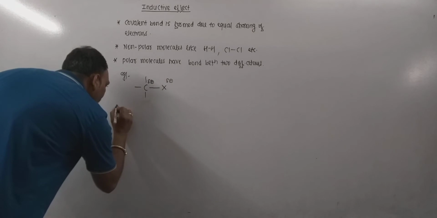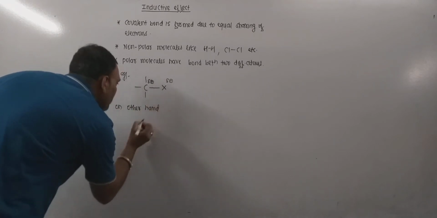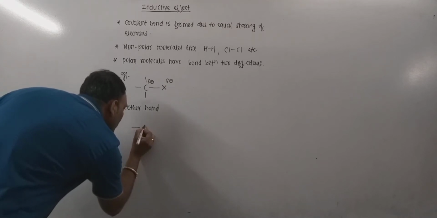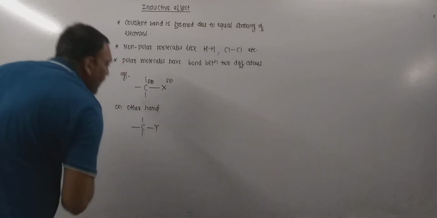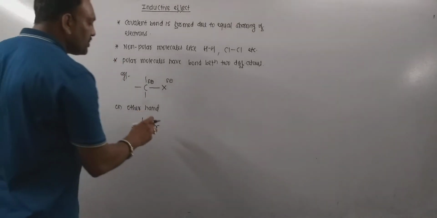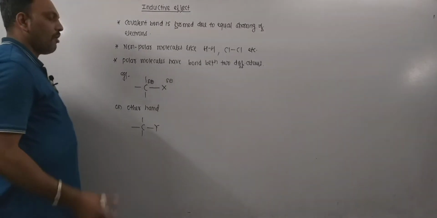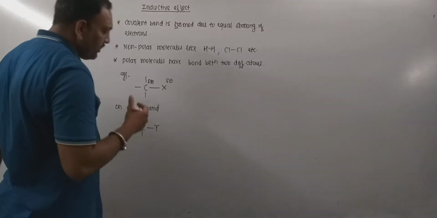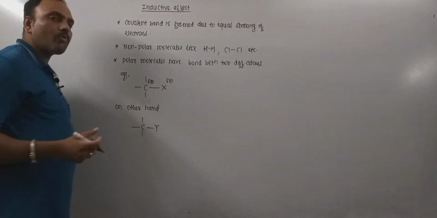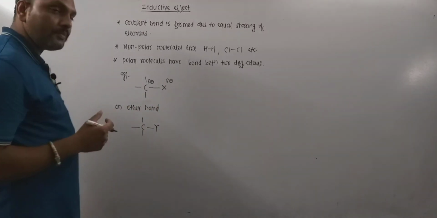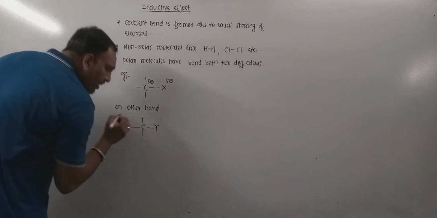Similarly, on the other hand, another example can be given. Consider a species like this. Now we consider that this Y is an electron repelling atom or group, or in short, one can say that in this case carbon is more electronegative than Y. If so, then this electron pair readily gets attracted by what?